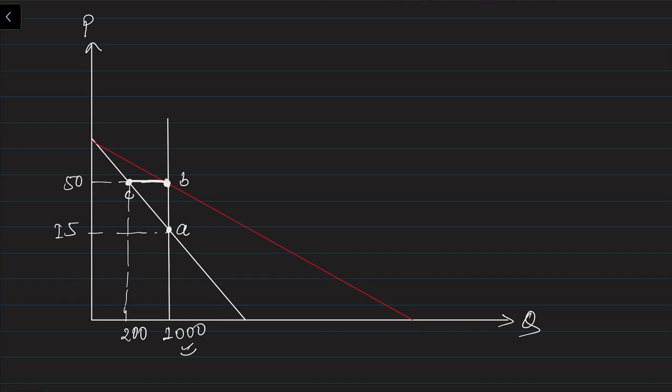And this quantity 200 is going to remain in the market, that is, this number of slaves will be in captivity, in the market.